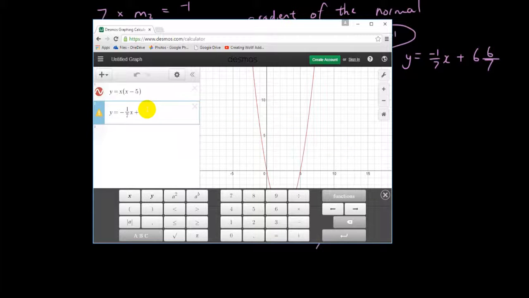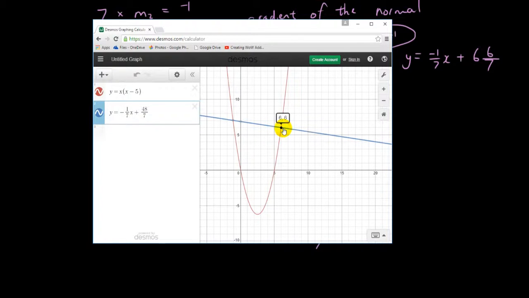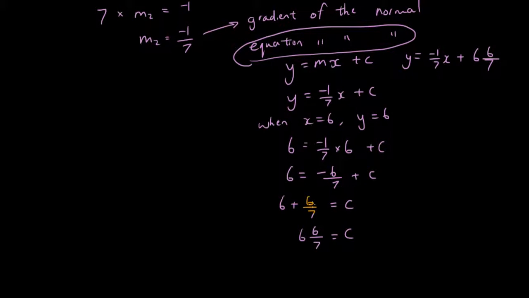Well, I'm just going to go 48 over 7, because 7 times 6 is 42, 42 plus 6 is 48. So these two fractions are equivalent. So you can see here the normal passes through this point, and basically we just want to find out what that point is. That's our answer right there, but we got to prove it using algebra.